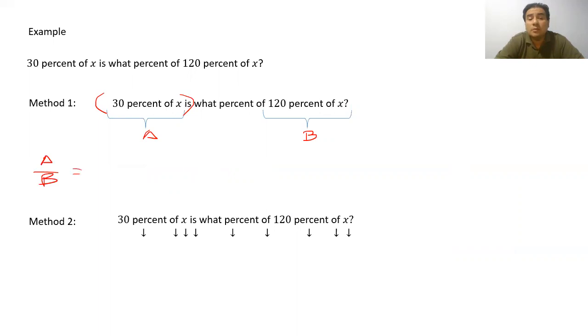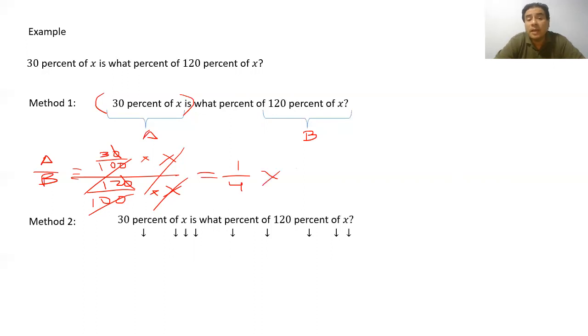A over B equals 30% of x divided by 120% of x. And then you simplify and you just get 3/12, which equals 1/4. Then multiply by 100, and this gives you 25. So that would be the answer.